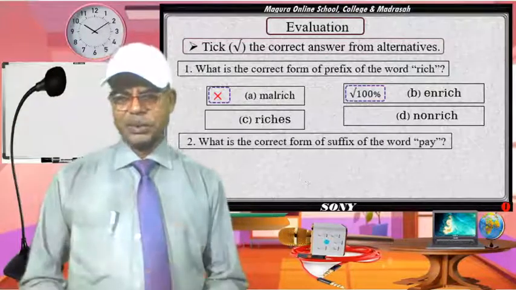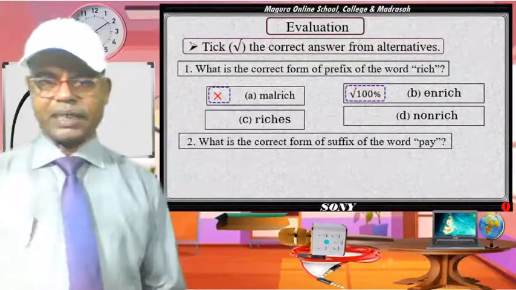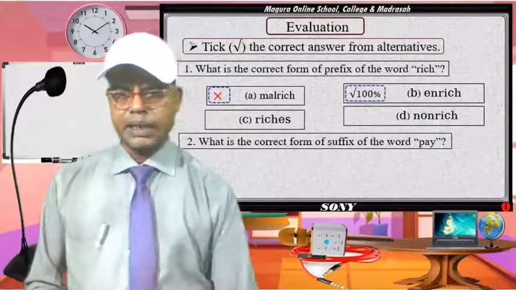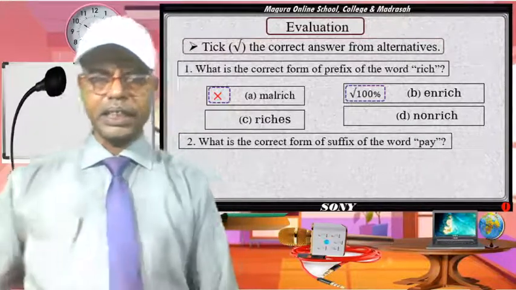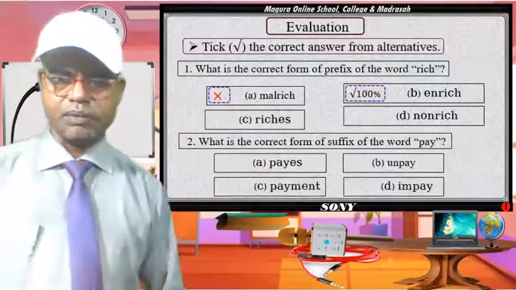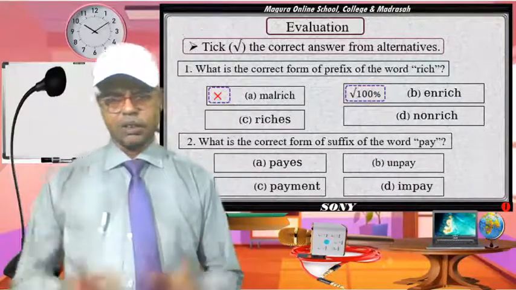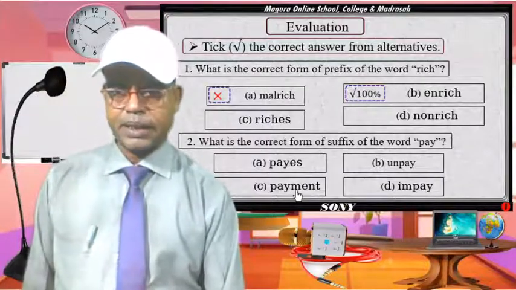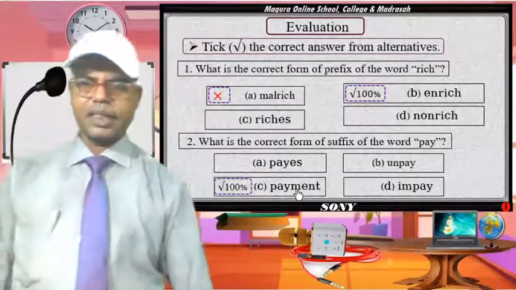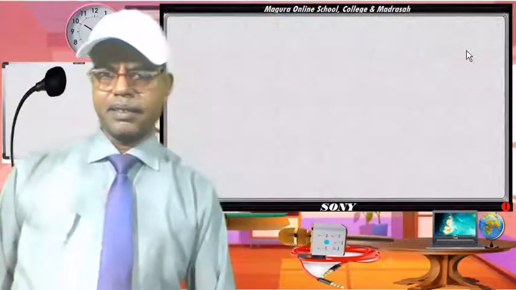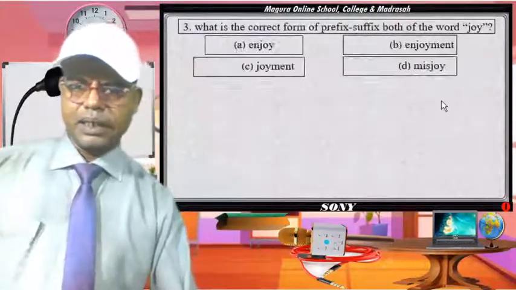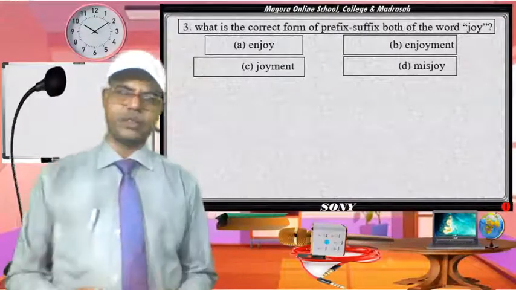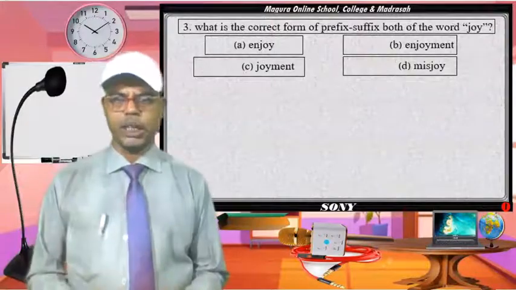Number two. What is the correct form of the word pay? You have to use a suffix with this word. Here are four options. Okay, right. You are right. So the suffix, payment. Correct. Okay. Then number three. What is the correct form of prefix and suffix both of the word joy?